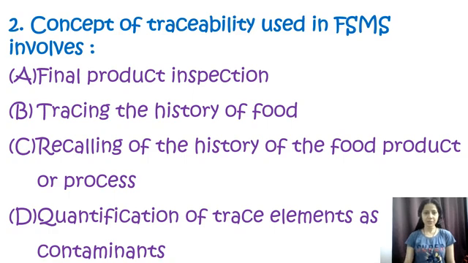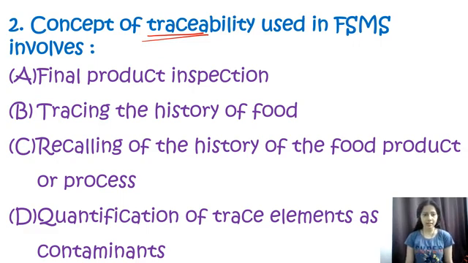So question number 2, the concept of traceability used in FSMS involves. Options are final product inspection, tracing the history of the food, recalling of the food product or process, or quantifying of trace elements as contaminants. As the name suggests, traceability means something to trace out.